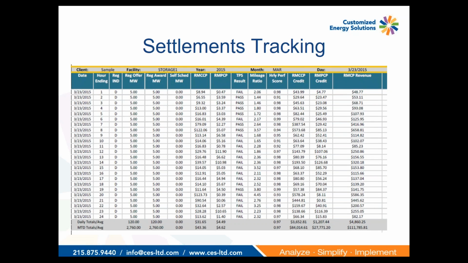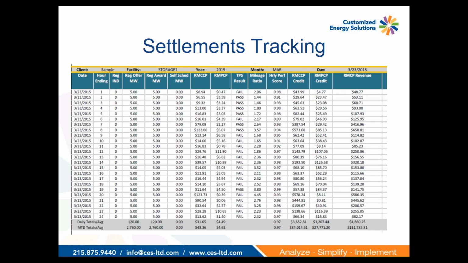One of the last pieces of the ongoing participation requirements important to the resource owner, obviously, is the settlements tracking. There's a lot of data flowing back and forth, and these are typically hourly markets. Generally, the ISOs are very good at capturing when a resource is assigned and what it should be paid, but they're certainly not perfect at it, especially as these markets are new.